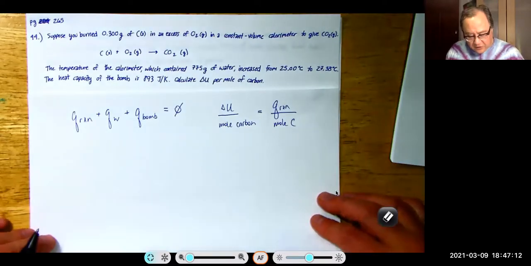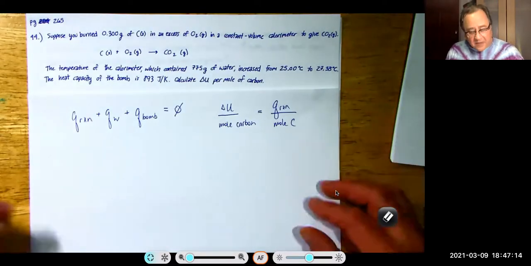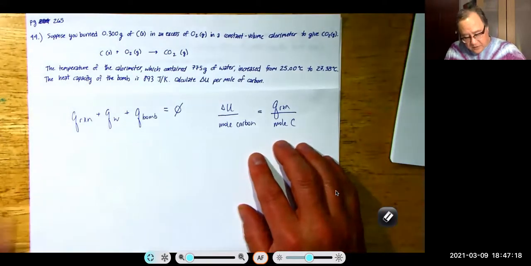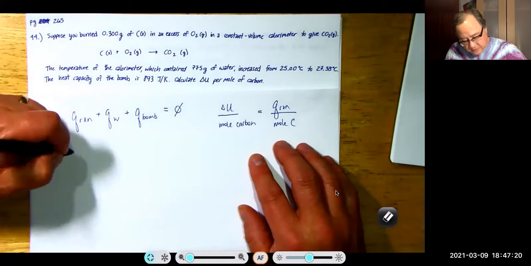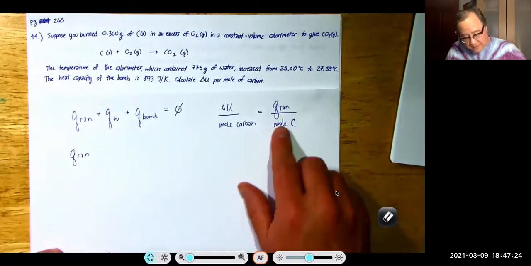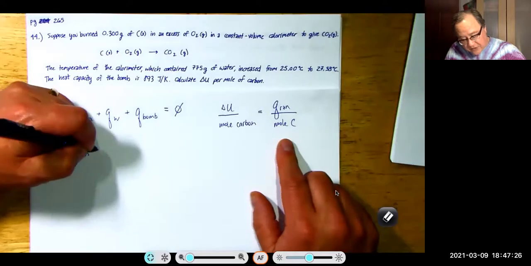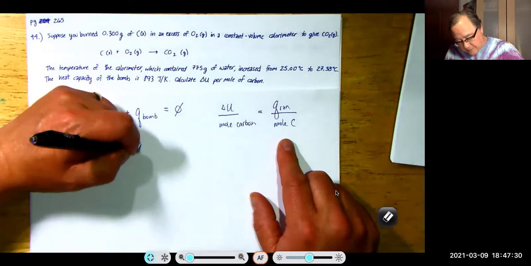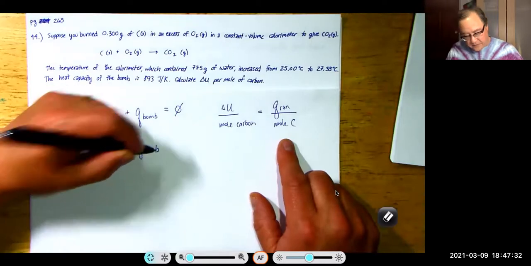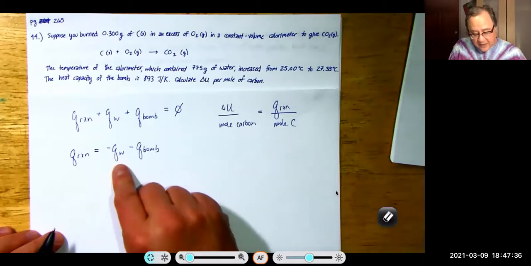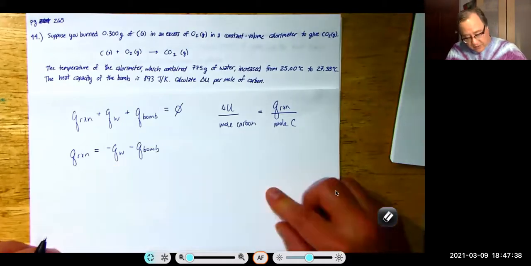Okay, so how do we figure these things out? How do we figure out what's going on here? Well, for Q of the reaction, which is what we're trying to figure out for the top of this problem here, we have Q of the reaction is equal to negative Q of the water minus Q of the bomb. So we need to figure out the amount of energy given off by the water. So how do we do that?